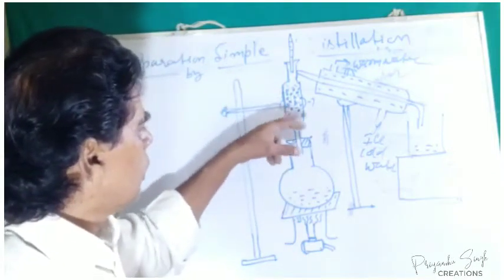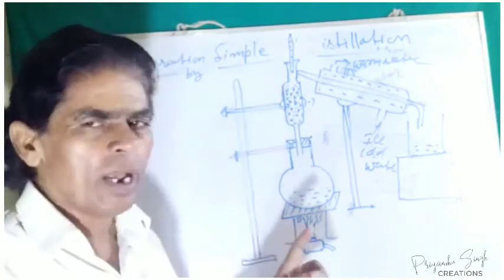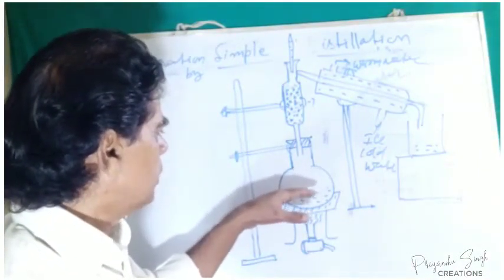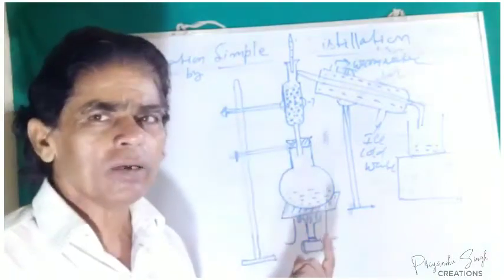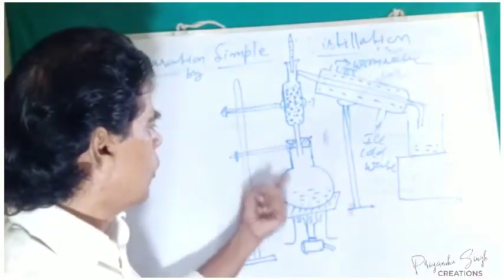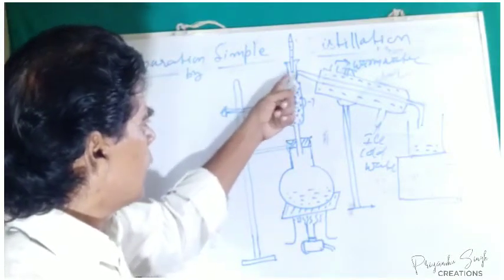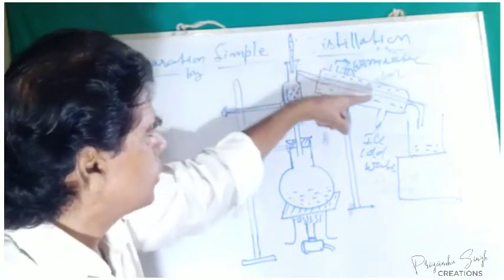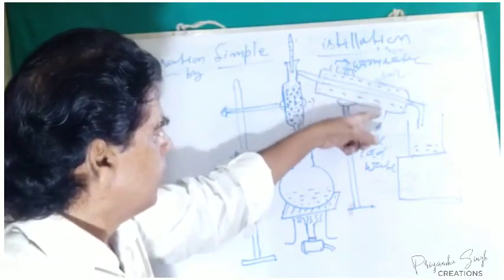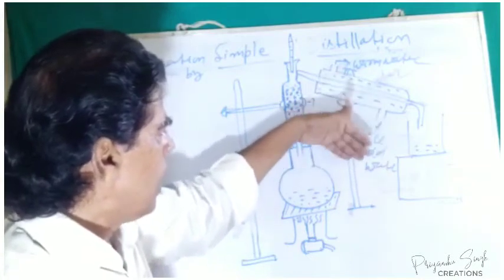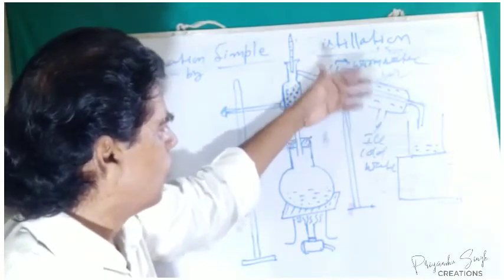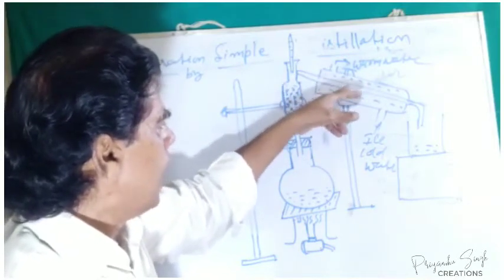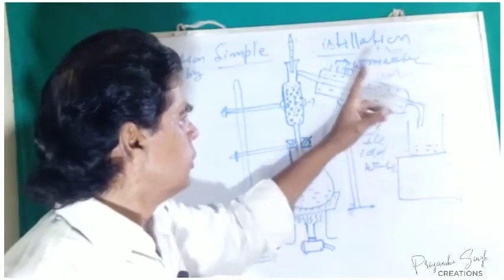In this way, among these liquids which are already present in this flask, the second liquid whose boiling point is lower than the others rises up across the beads in the fractionating column and then passes through the condenser, and due to the contact of ice cold water they get liquefied and get collected in the receiver.